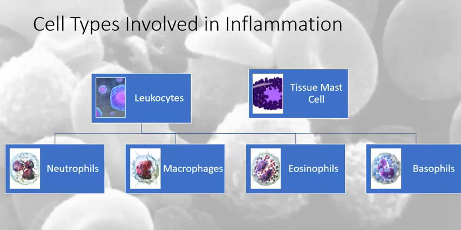Next, we're going to talk about cell types involved in inflammation. We have leukocytes, which consist of neutrophils, macrophages, eosinophils, and basophils. There's also tissue mast cells.